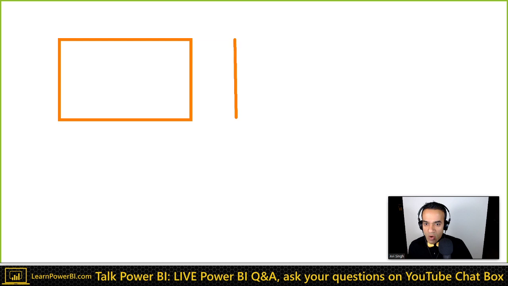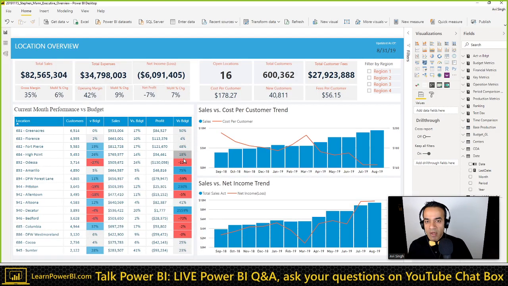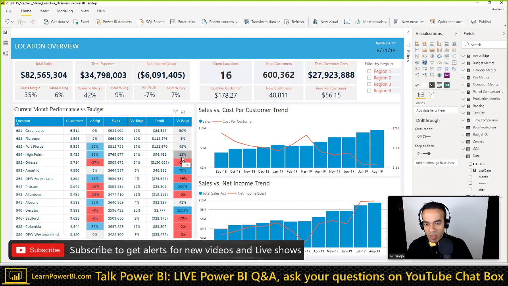Look at me, perfect line. Now the funny thing is that a brain completes the picture. It kind of connects these dots, so it still can see it as a rectangle. So that's where you don't really need axis lines.